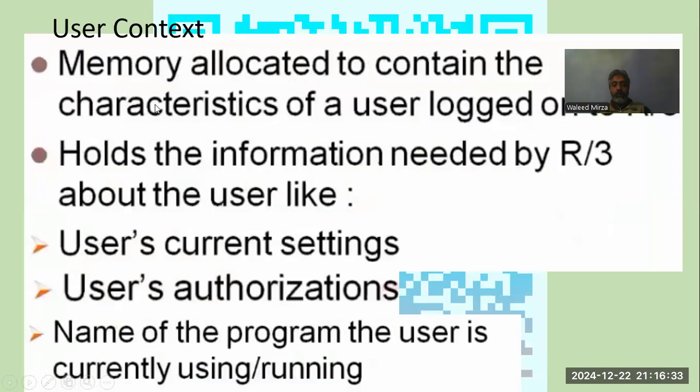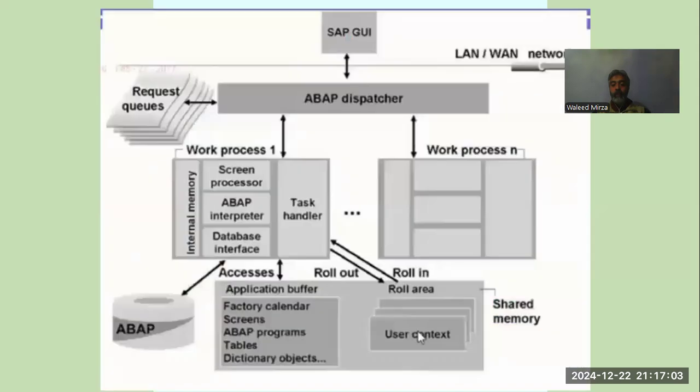The user context that we saw in the earlier slide is basically the memory allocated to certain default information like the user preferences, date preferences, currency preferences, the number and date format, the current settings, authorizations. These are loaded into the buffer and are accessed and run in parallel by the ABAP middleware.